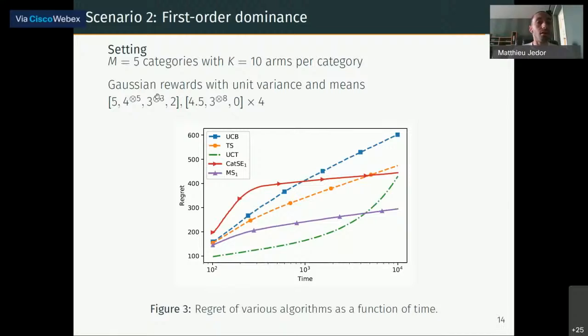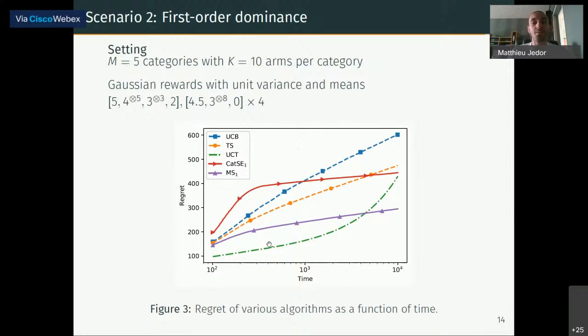So what we can say about these means is that the best arm is in the optimal category, you see, but the second, third, and fourth best arms are all in the suboptimal categories. So this is a typical case where we want to exploit the knowledge of the structure to improve the regret.